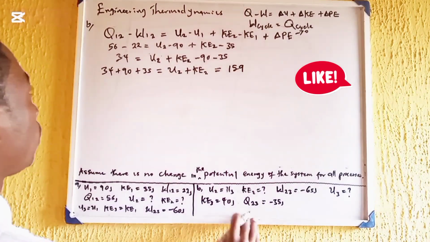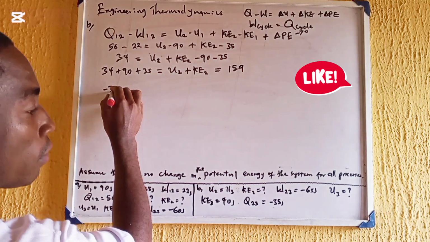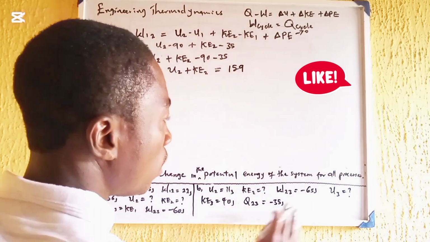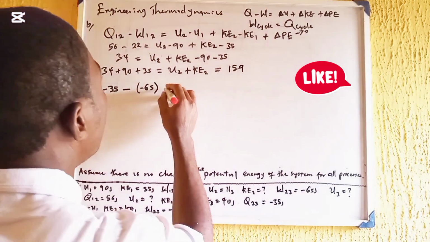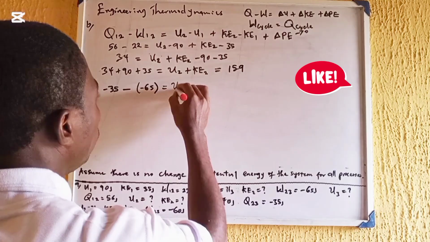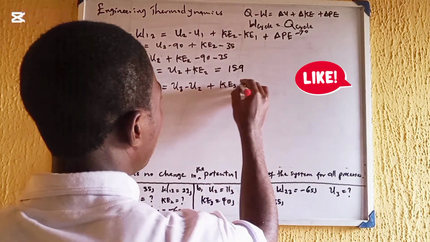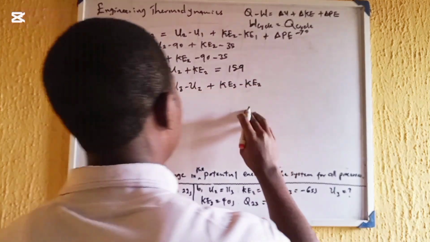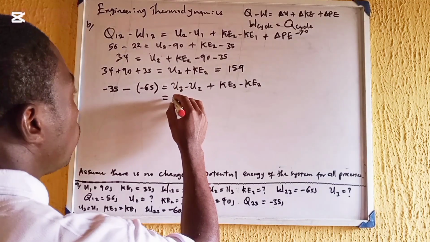Now Q23 is equal to minus 35, then minus W23 minus 65, which is equal to U3 minus U2 plus KE3 minus KE2. There's no need for changing PE. So this gives us U3.